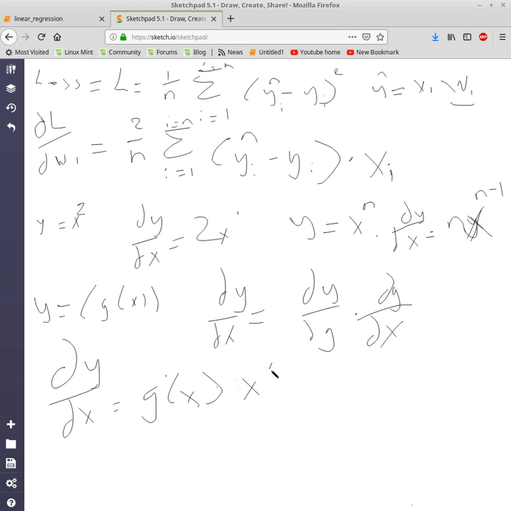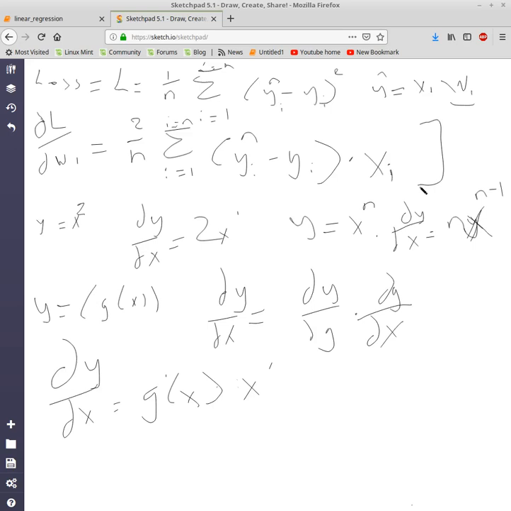So for the equation above, adding those two rules of calculus together, dl/dw equals 2 divided by n times the sigma from i equals 1 to i equals n, (y hat i minus y i) times x i, as we see here, where y hat is equal to x1 times w1.